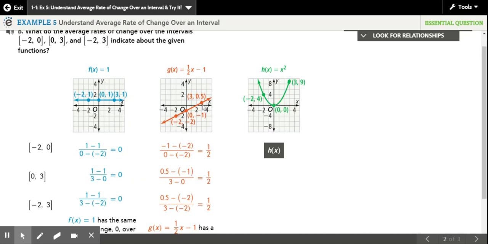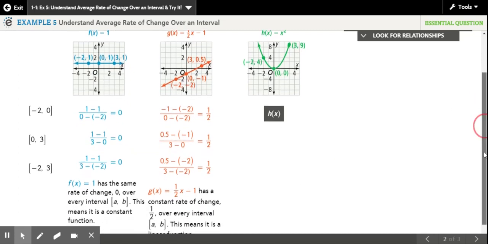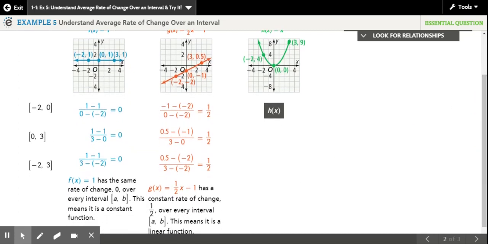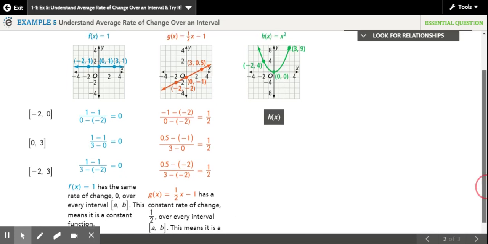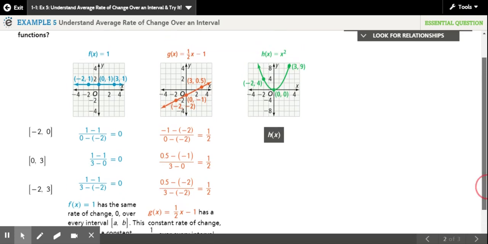From -2 to 3, the change in y over the change in x is also 1/2. So that function has a constant rate of change, and it is 1/2. So that means it's a linear function. Linear functions have a constant rate of change, and that constant rate of change is the slope.